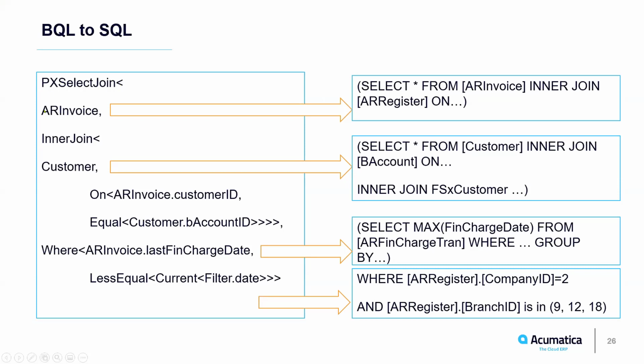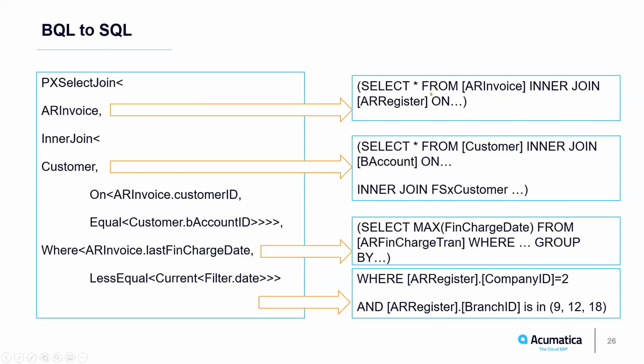So let's take an example from here. When we select from AR invoice, that is actually not a simple table, but AR invoice in Acumatica is a data access class that is derived from another data access class. So in fact, the result here is combined of two tables in SQL. So it is going to generate some kind of subselect here.